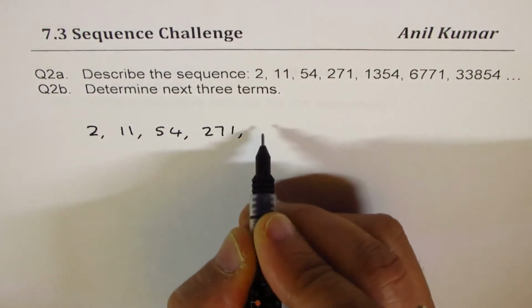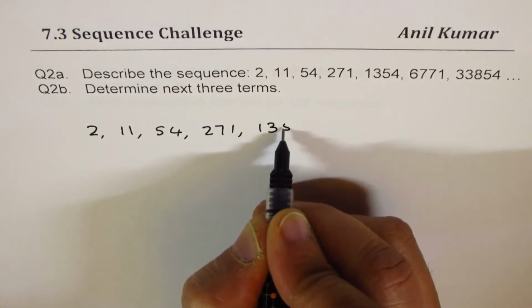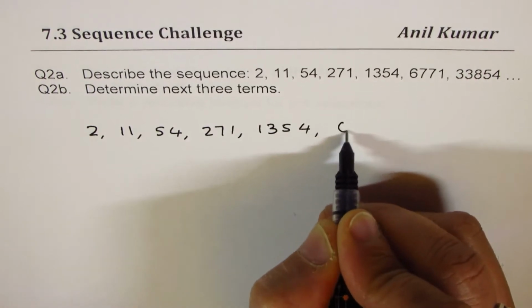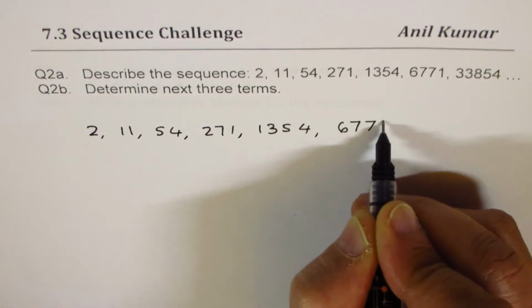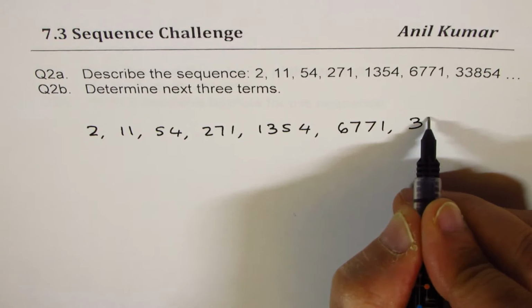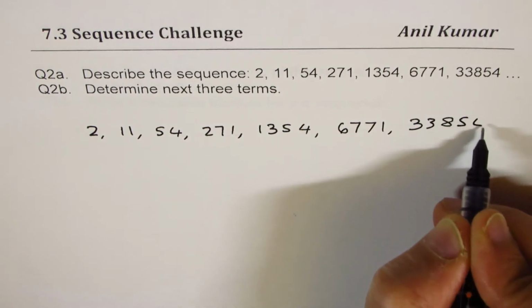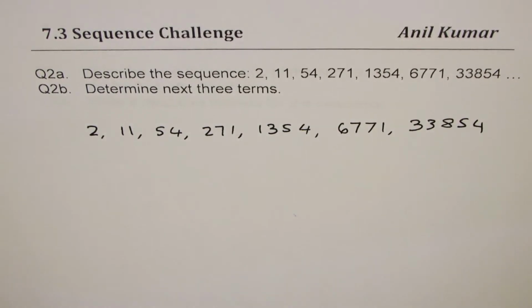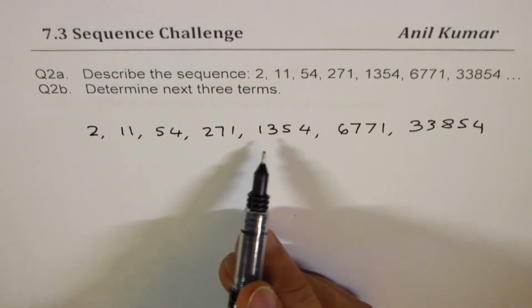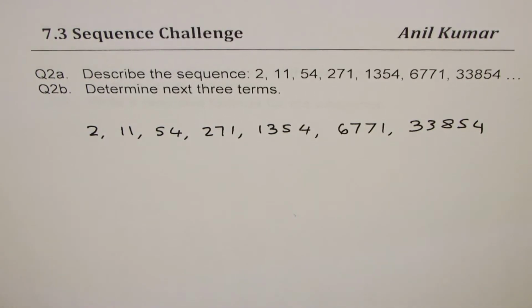So there is a lot of trial and error required in solving such questions. Trial and error probably is the best method. So 33854. Okay. Since they are going up very high, we should check whether they are in geometric sequence or not.